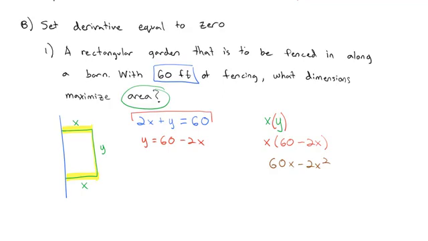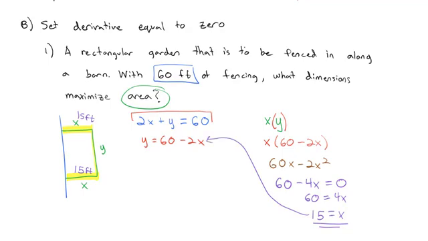That is what we want to maximize. Well, to maximize an equation, we know we take the derivative, which is 60 minus 4x, and set it equal to 0. Adding 4x to both sides and dividing both sides by 4, I get that x has to be equal to 15. So one direction, coming off the barn, I know we've got 15 feet of fence. We still don't know the height, but the height is y. We can plug that 15 into the y equals equation to see what height we end up with.